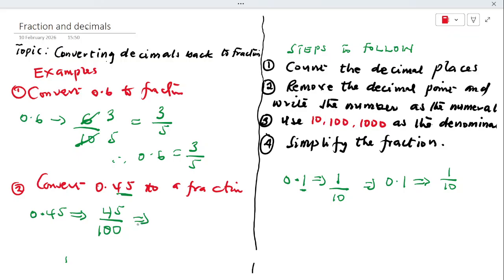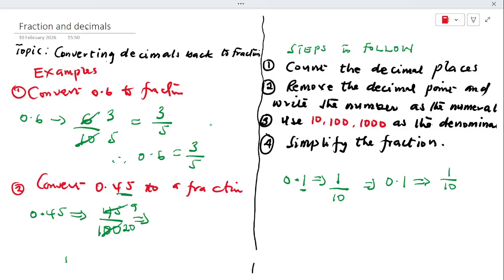So this, you have to simplify it. Now you look for a number that is common to 45 and 100. Not separate numbers, but the same number. In here, we know that 45 and 100 are divisible by 5. So 5 goes into 45 9 times, and then 5 goes into 100 20 times.